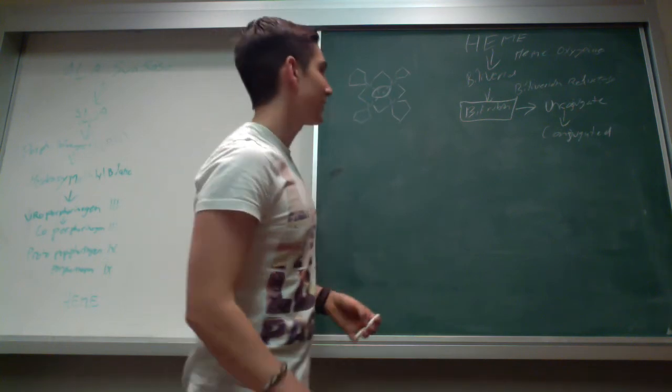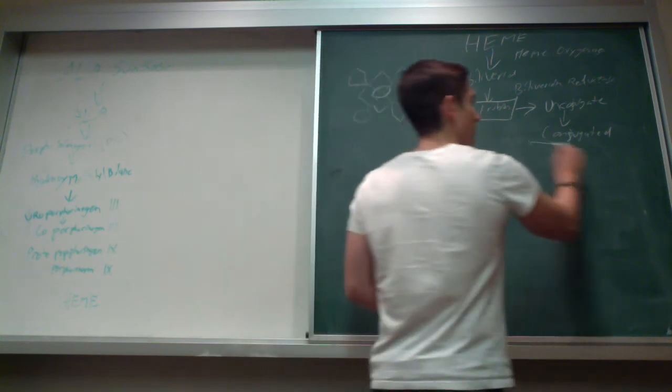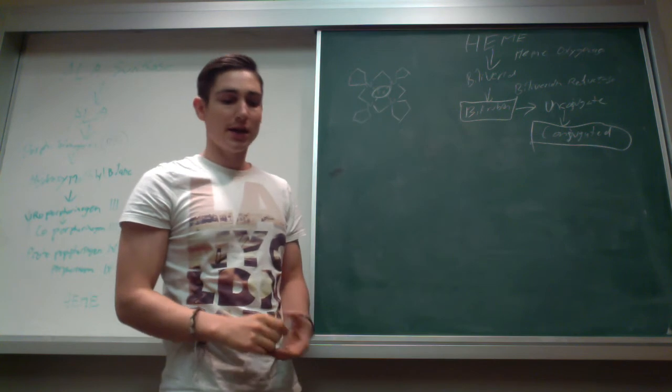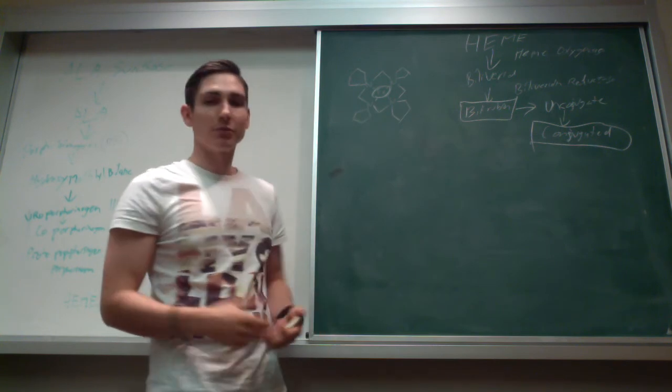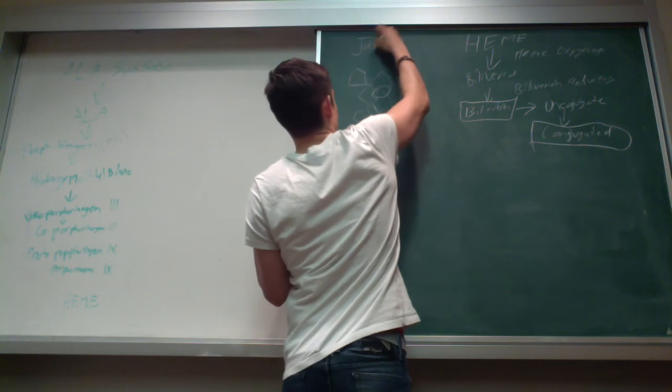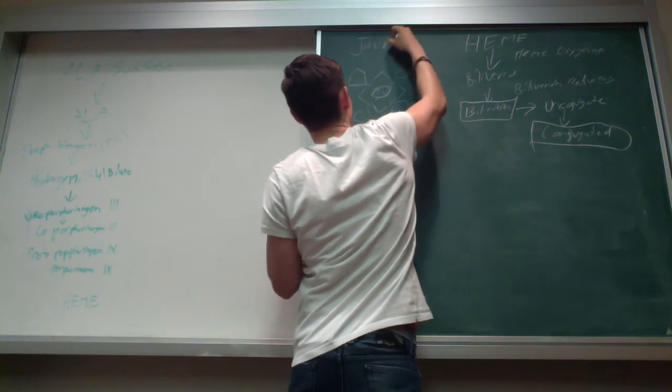So if there's anything that blocks the excretion of bilirubin by bile, you'll see a buildup of bilirubin in the blood, which is known as jaundice. So jaundice is the buildup of bilirubin.